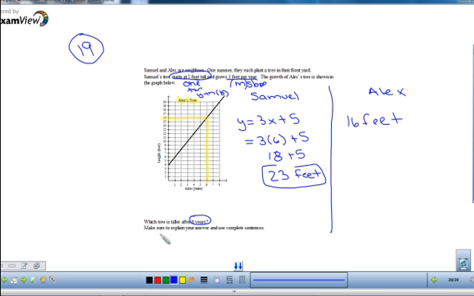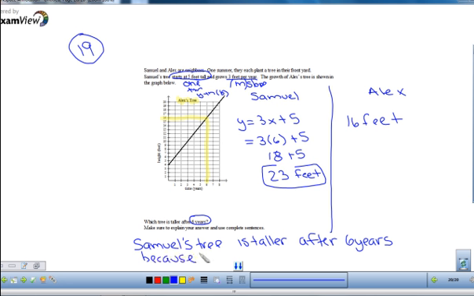Okay, so which tree is taller? Okay, Samuel's tree is taller after 6 years. And they want us to explain because this tree will be 23 feet and Alex will be 16 feet.